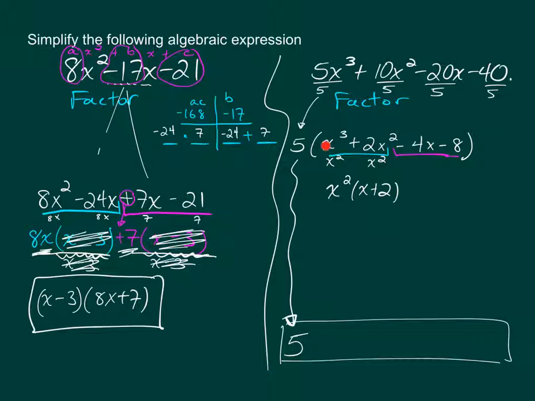And the first term in this group of 2, x cubed plus 2x squared, is positive. So my greatest common factor is positive. Now when we look at these last two, my first term is negative. That's a negative 4x minus 8. So when I find a greatest common factor here in these second two, it's going to be a negative value.